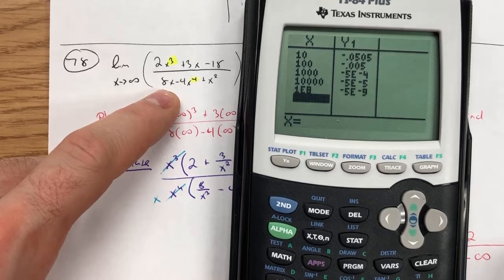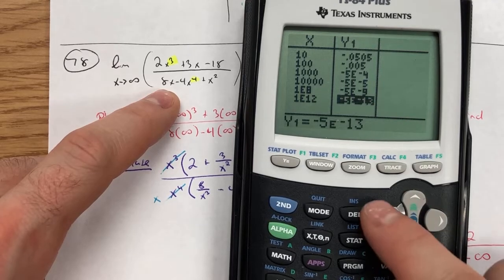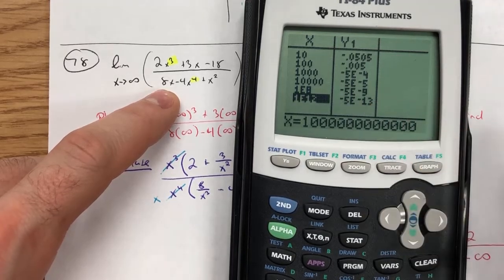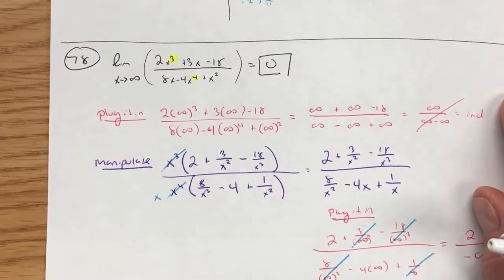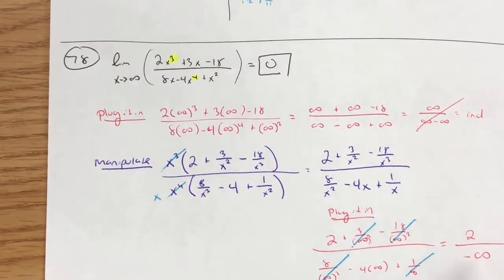Let's see if we can get the calculator to round. Nope. Nope, the calculator is determined not to round. But it's getting closer and closer and closer to 0 from the bottom there. So we're very safe to say that our limit is actually going to be 0.